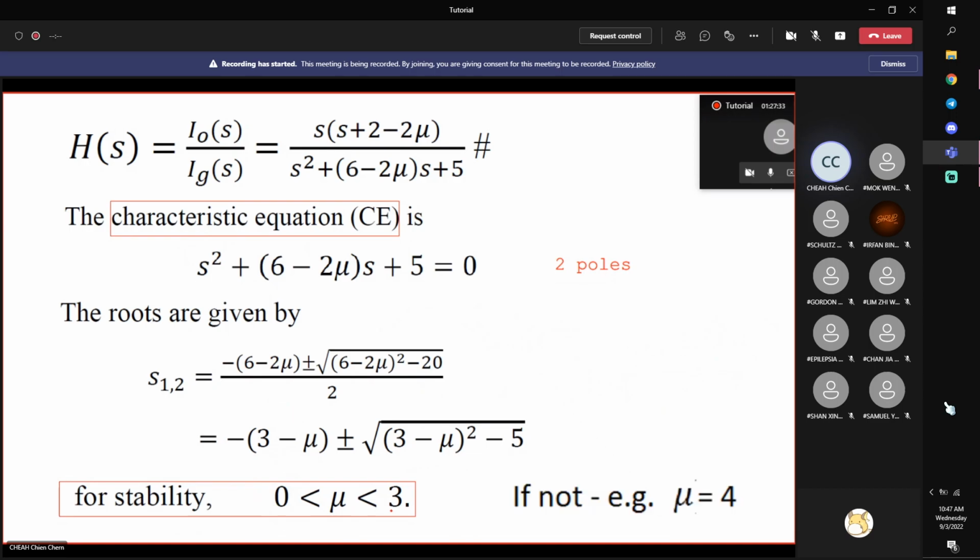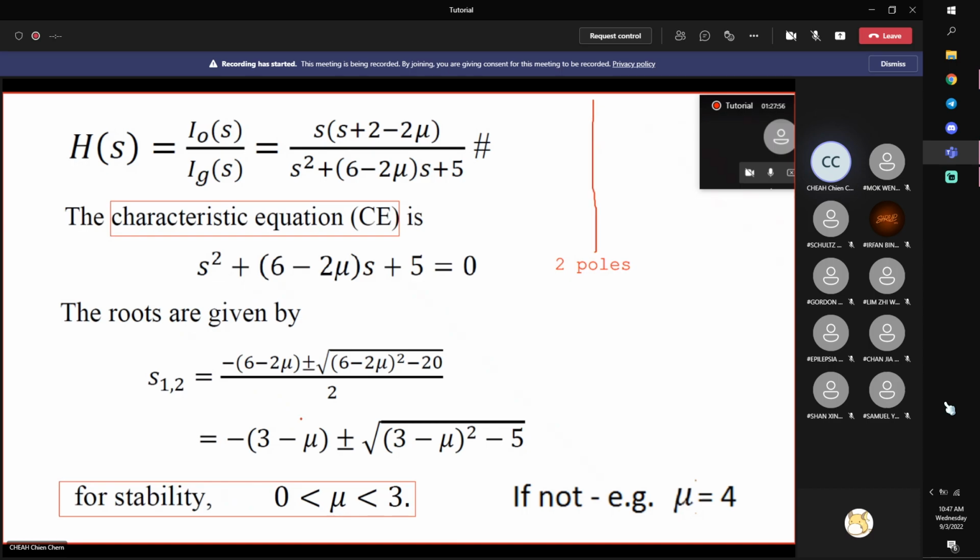Let's go through a condition where it is not satisfied. Mu is equal to 4. Now, mu equal to 3 means this term goes to 0, and this term becomes negative 5, which means that you are on the imaginary axis.